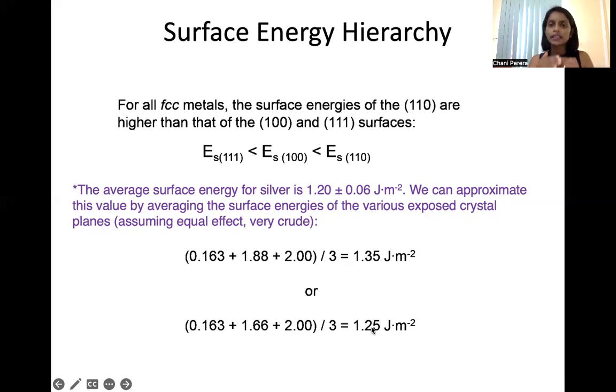That's why we said that there's a 10 to 20% deviation from the correct value. But this nearest neighbor broken bond model is a good model as a start, right? Keep this in mind: the close-packed planes like 111 have a lower surface energy. Therefore, they are more stable compared to other surfaces.